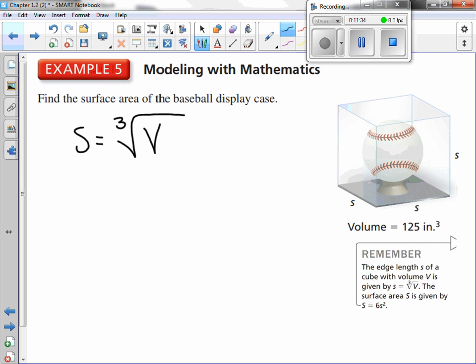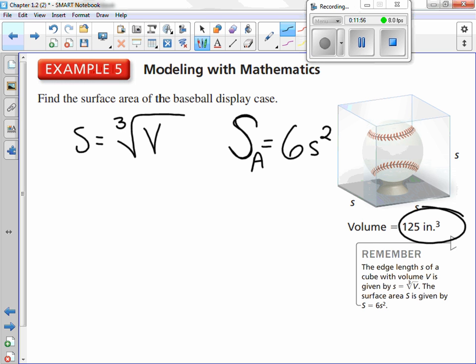The surface area, let's call it SA, is equal to 6 times the side length squared. Well, the side length is equal to the cubed root of the volume.